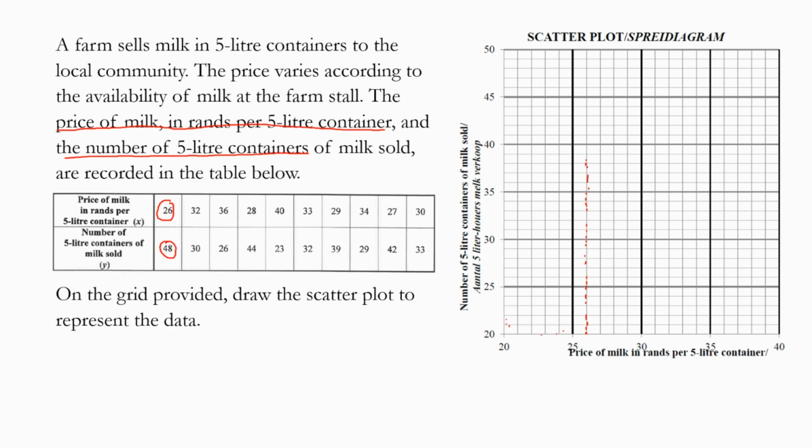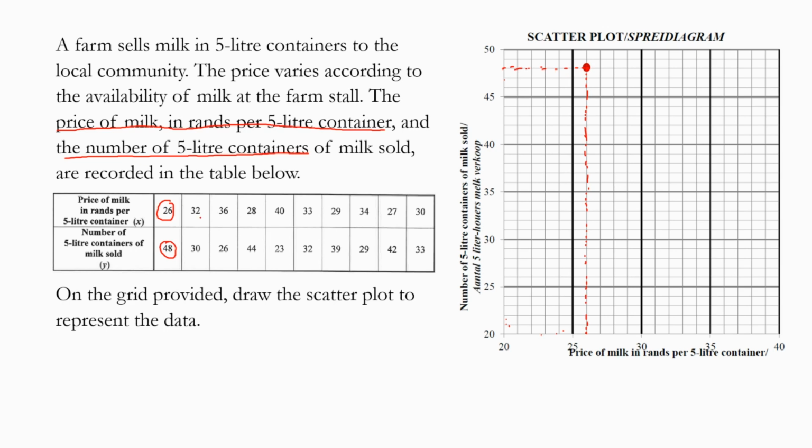Right, this is 26 going up. And then the number of containers 48. So this is 45. We're counting ones, 46, 47, 48. See that? So we have this point here from these two. So that is the first point.